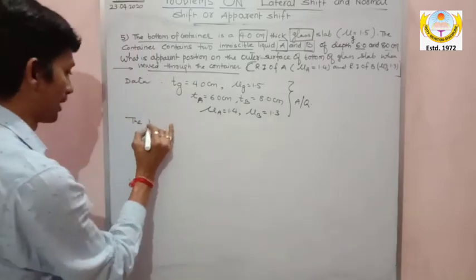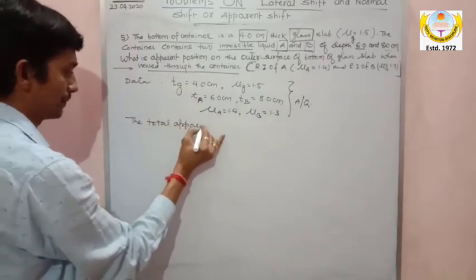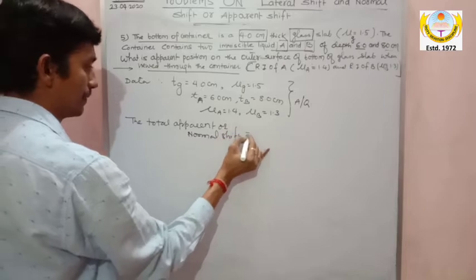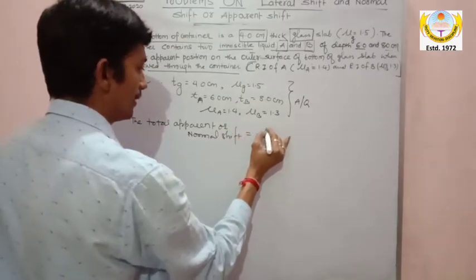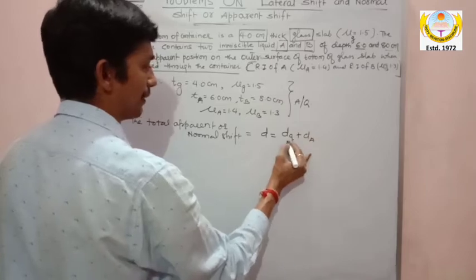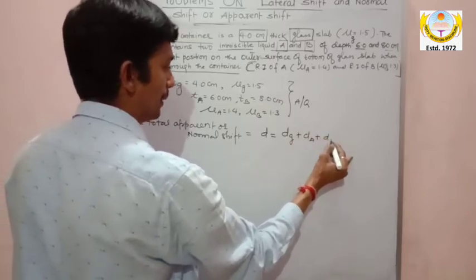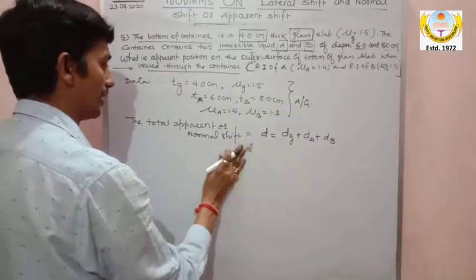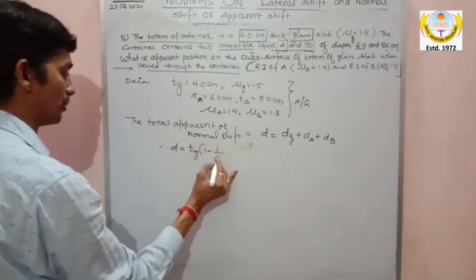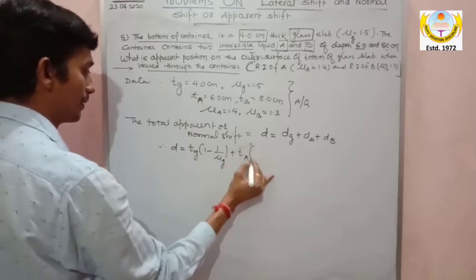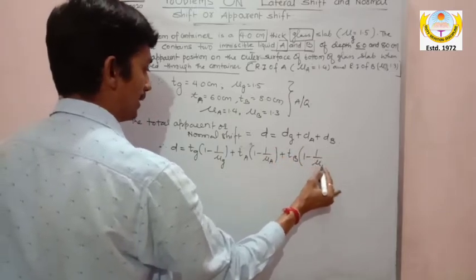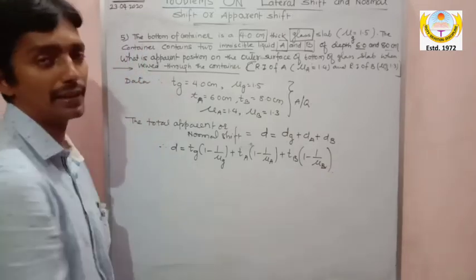So the total apparent or normal shift D is equal to dG plus dA plus dB, that is the apparent shift in glass plus liquid A plus liquid B. Therefore D is equal to Tg (1 minus 1 by mu g) plus Ta (1 minus 1 by mu A) plus Tb (1 minus 1 by mu b). This is the total apparent shift because of three media.